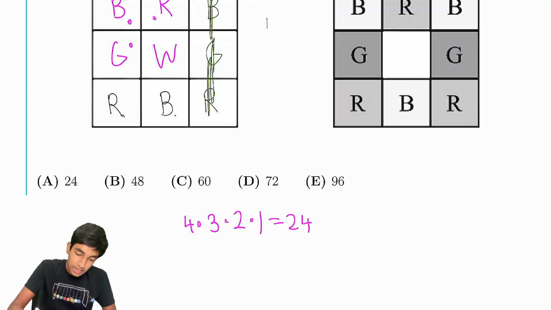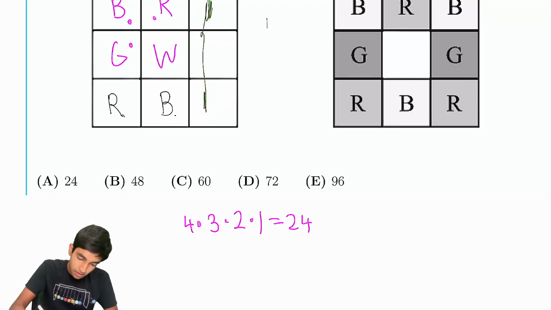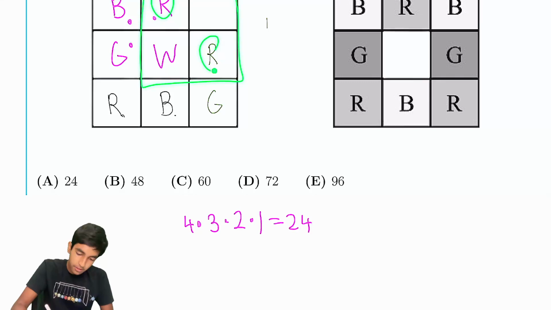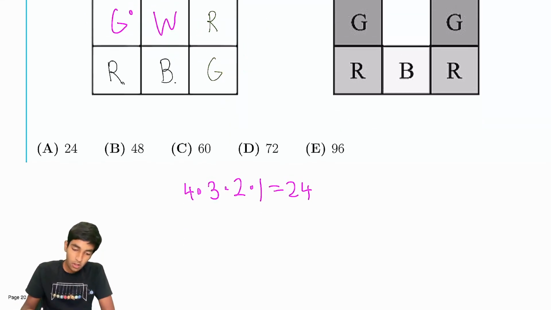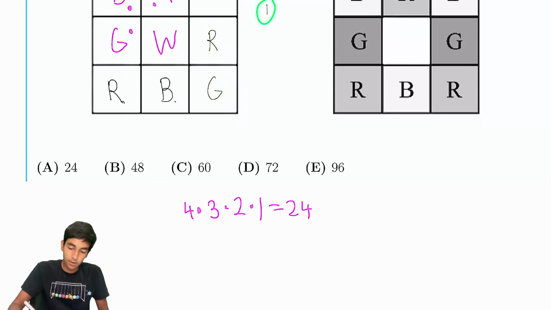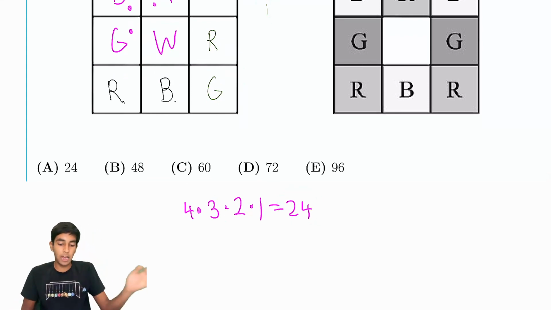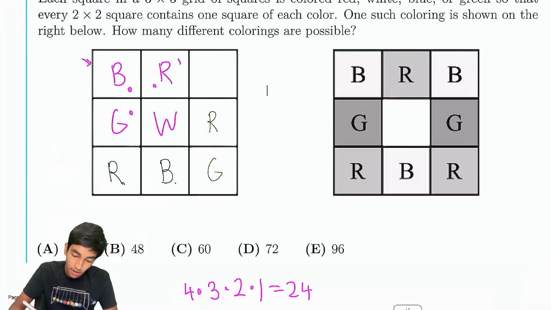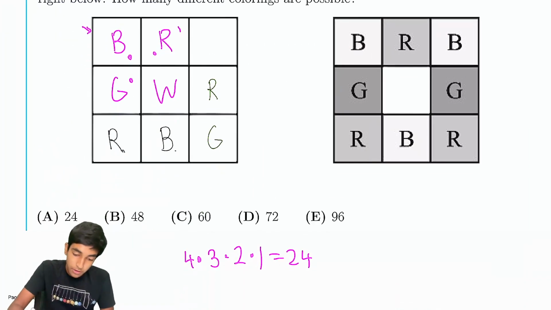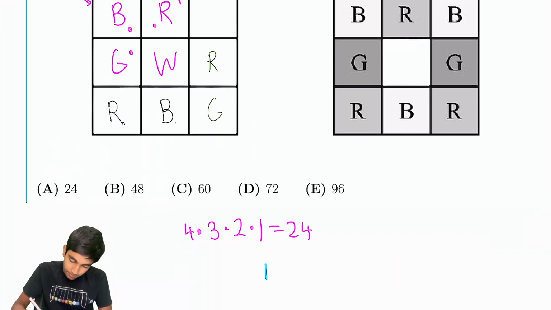Now, what about if it's red, green? Uh-oh. In this 2x2 square, we've got 2 reds. Therefore, there are 0 cases here. So just 1 way so far. Of course, we already have these 24, which we're going to multiply at the end. But so far, after choosing the first 2x2 square, we just have 1 way.